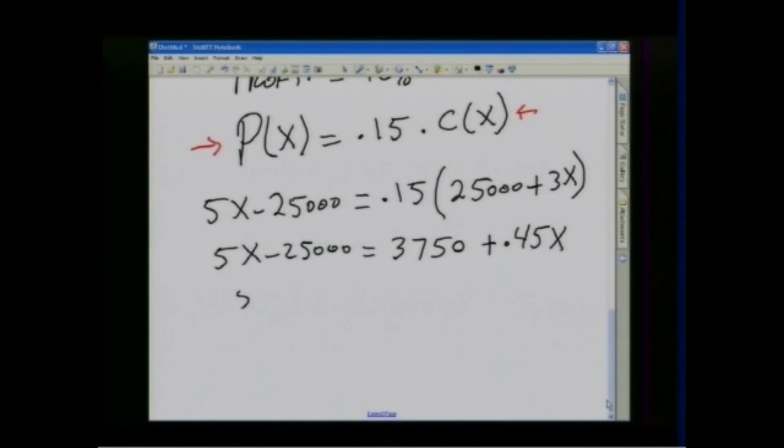You take x to one side, so you would have 5x minus 0.45x equal to, taking 25,000 to the right-hand side, 25,000 plus 3,750.